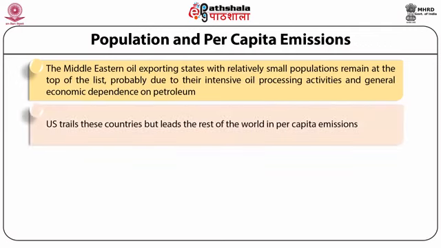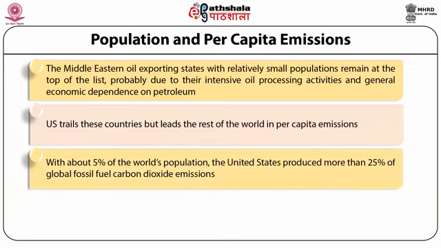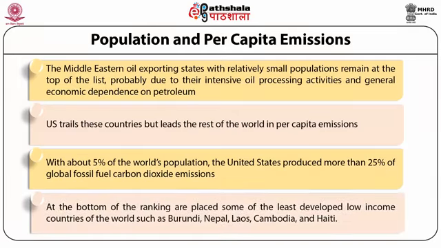The US trails these countries but leads the rest of the world in per capita emissions. With about 5% of the world's population, the United States produced more than 25% of global fossil fuel carbon dioxide emissions. At the bottom of the ranking are placed some of the least developed low-income countries of the world such as Burundi, Nepal, Laos, Cambodia, and Haiti.